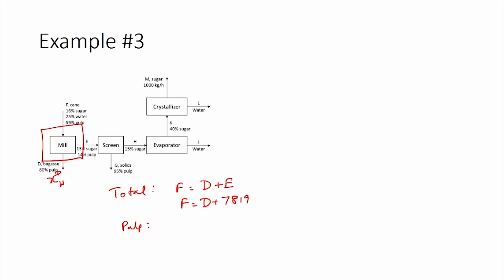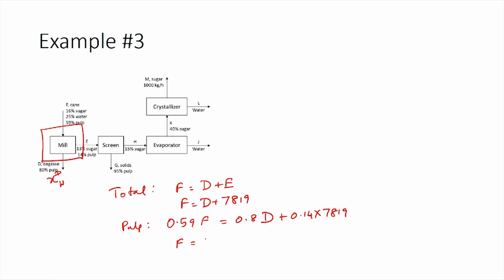We will start with the pulp balance. So, the pulp balance would be 0.59 times F equals 0.8 times D plus 0.14 times 7819, which is E. Using these two equations, we have two unknowns, F and D, and we can solve for them.